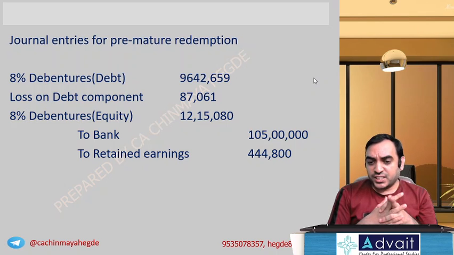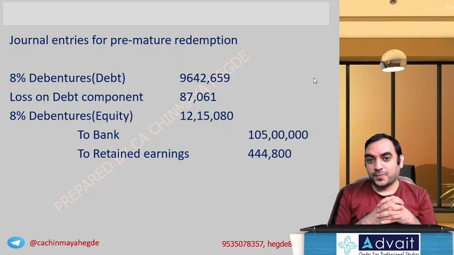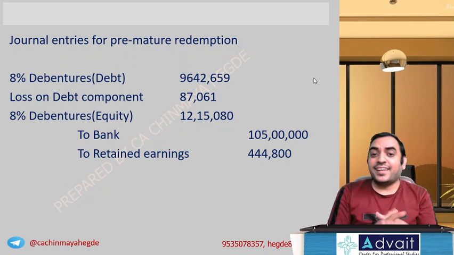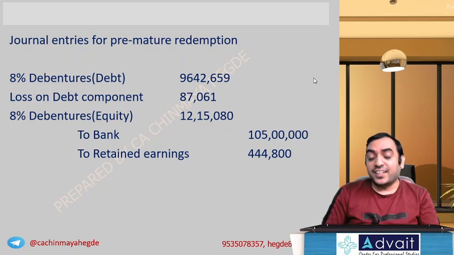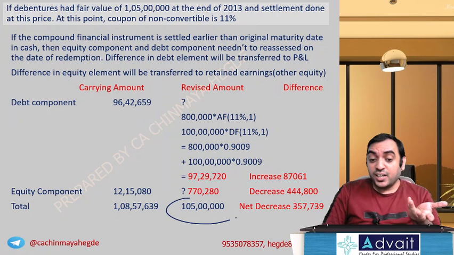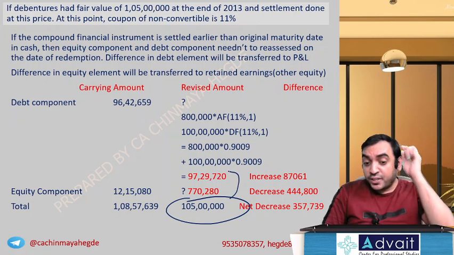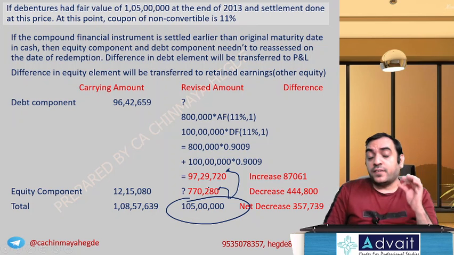To the extent of the revised figure, equity is issued at face value. No, the amount is settled. Amount is paid in cash. So the equity component is also paid in cash effectively. Hope you're getting the question. You are paying 1 crore 5 lakh, which includes debt component of 97, equity component of 7 lakh 70.